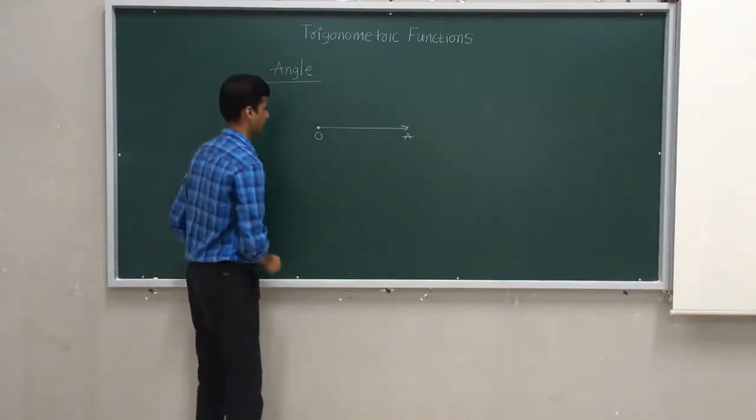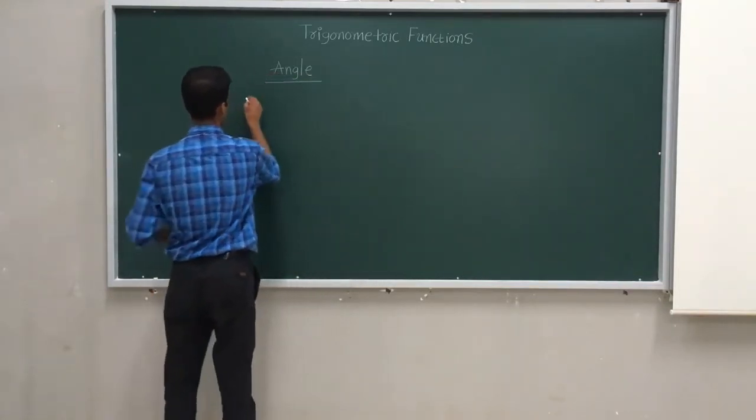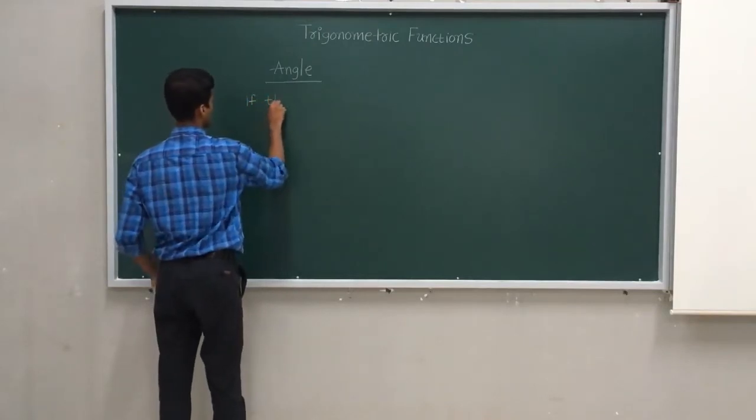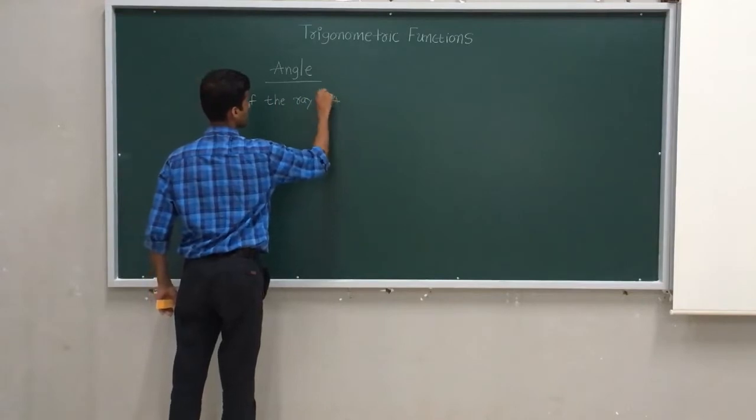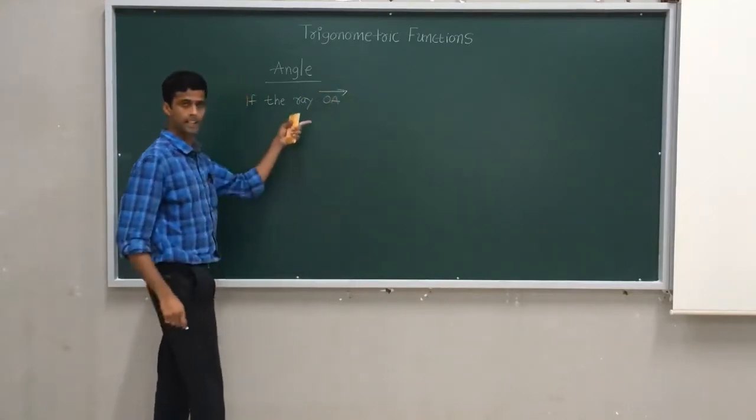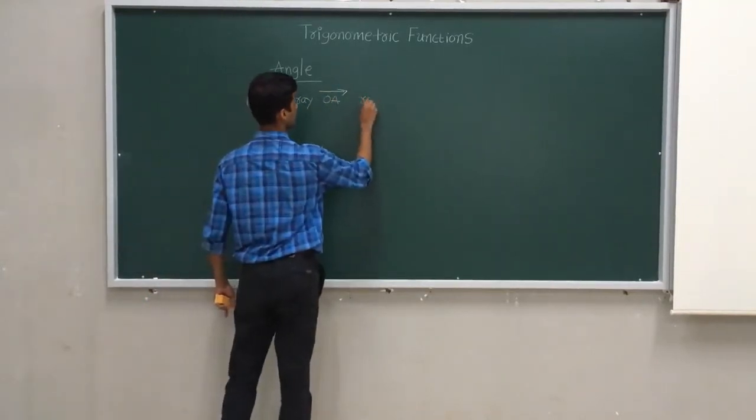Say for example, the ray OA, this is the notation for a ray, right?